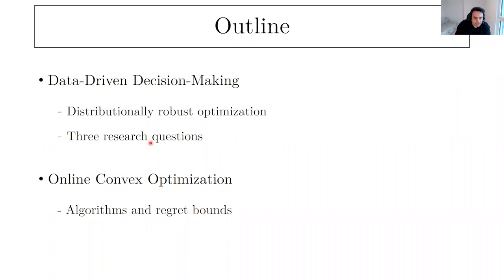Then I want to highlight 3 different research questions that typically pop up there. And then I focus on one of them, known as online optimization or online convex optimization. And this subtitle that you see is the takeaway message that I hopefully get across throughout my talk.